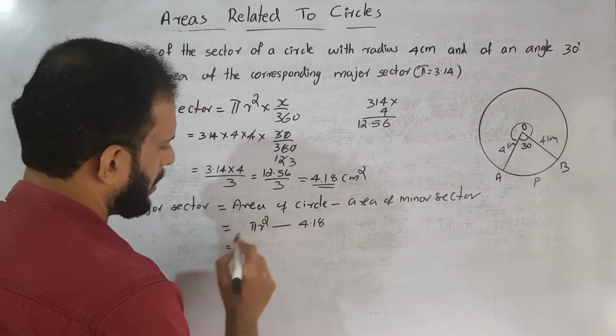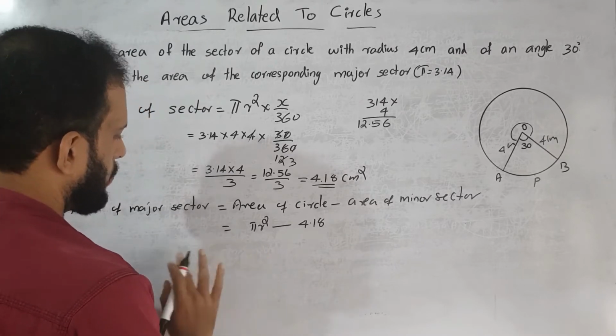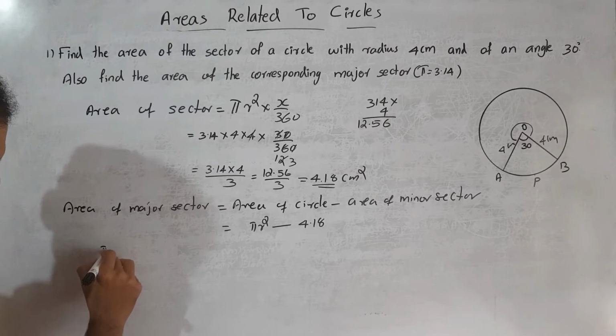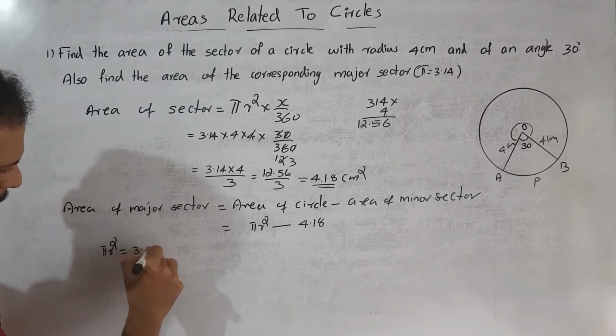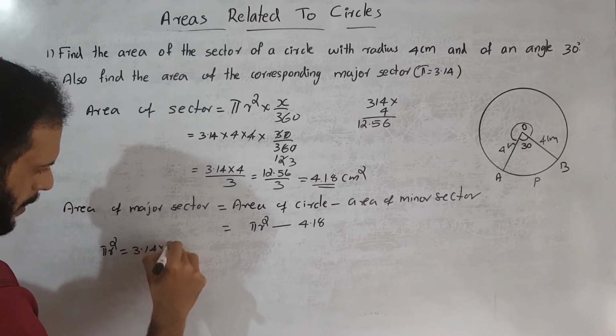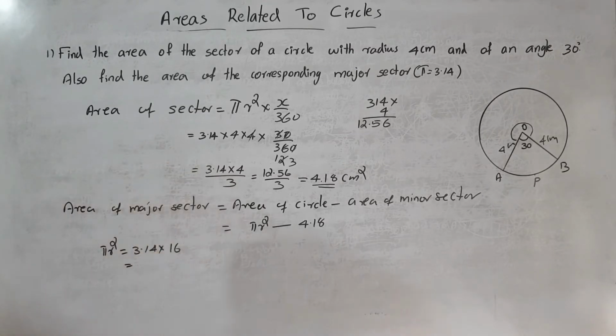So we find the area of circle separately: pi r square is equal to 3.14 into 4 into 4, that means 16.